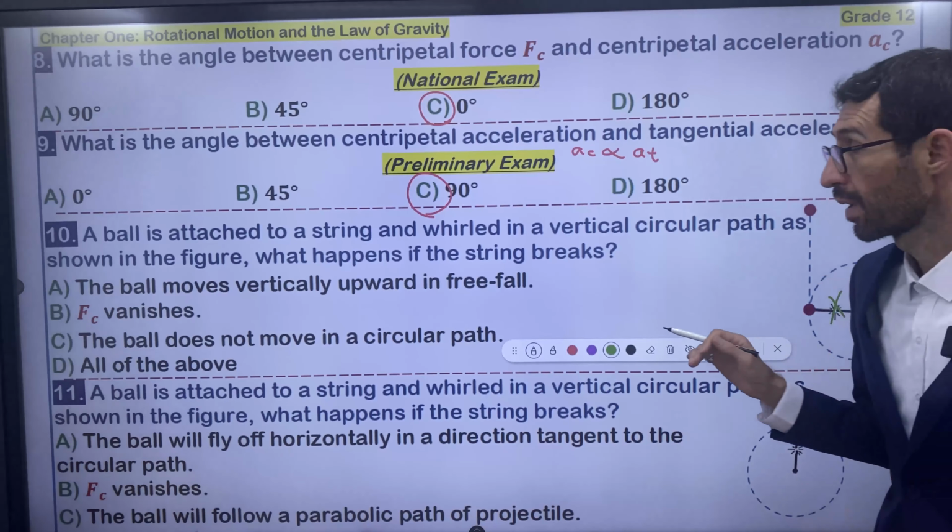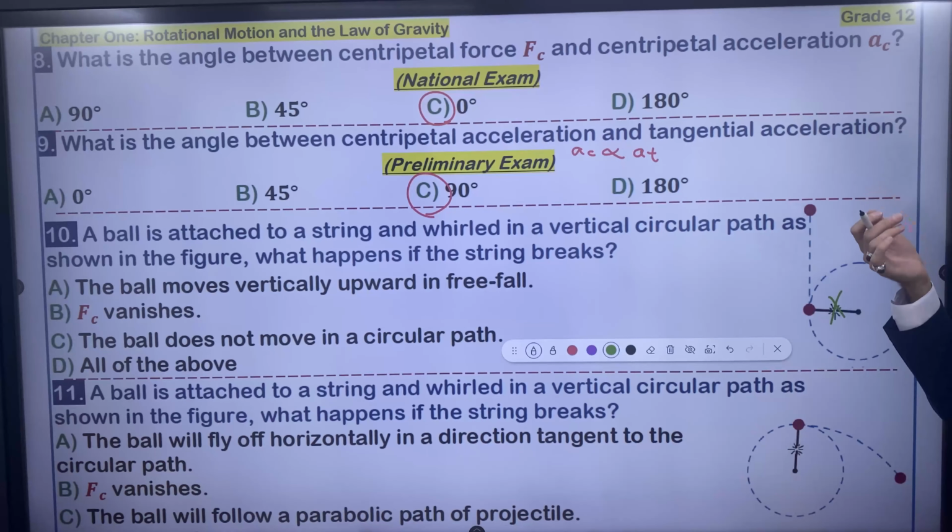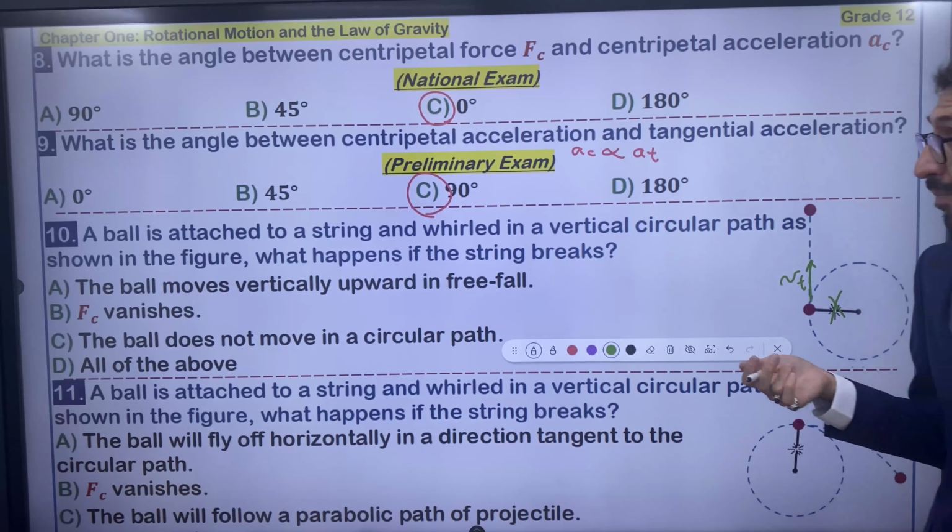It's true, because when the string breaks, there is no FC anymore, and the inertia of the ball overcomes this situation. That's why it moves upward with a tangential velocity.